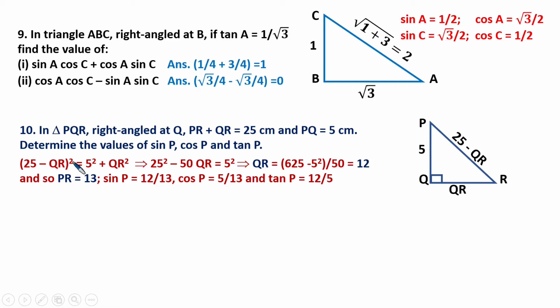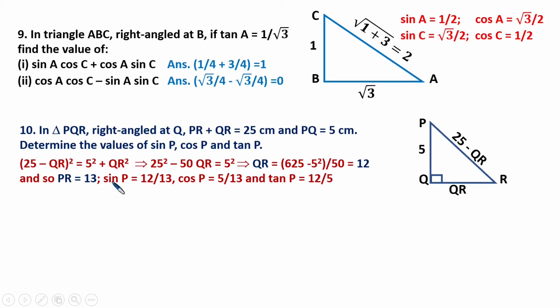So hypotenuse square is 25 square minus 2 into 25 times QR, that is minus 50 times QR, and then plus QR square. This QR square and this QR square will get cancelled. So 5 square will remain. So I have written there 25 square minus 50 QR is 5 square. This implies that QR is equal to 12. Since QR is equal to 12, PR will be 25 minus 12, that is 13.